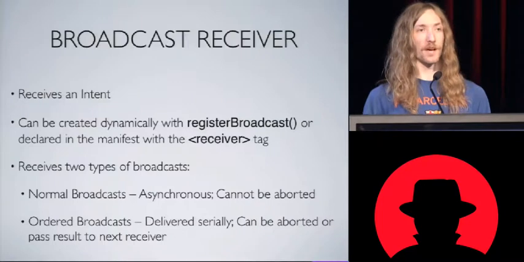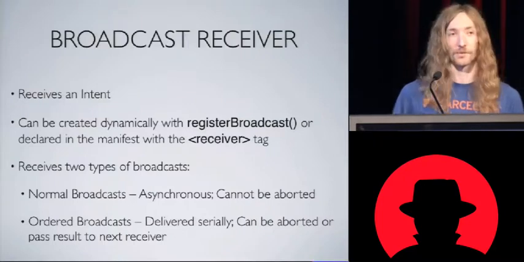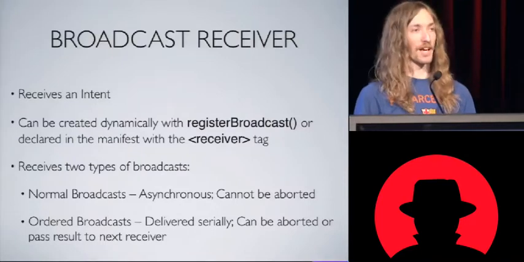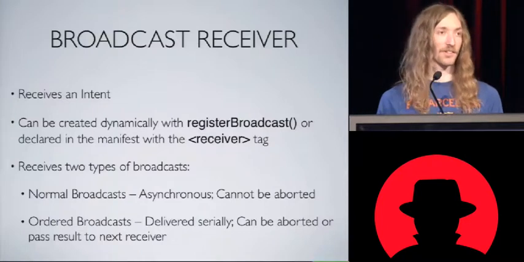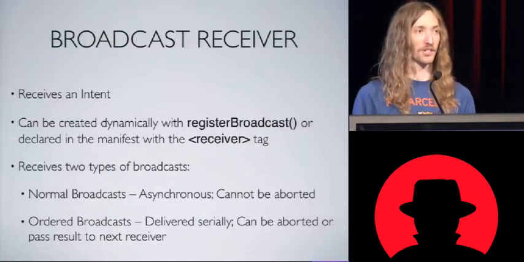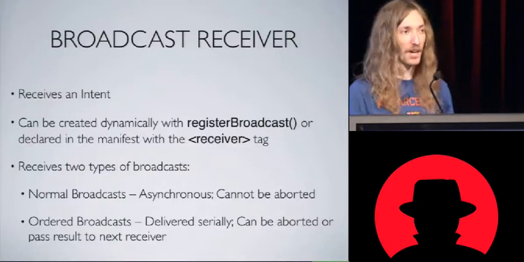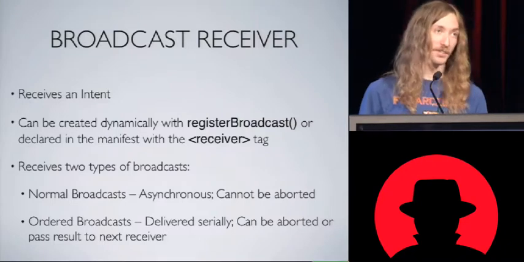And we can receive two types of broadcasts with our receiver. We have a regular broadcast, which is just sent out asynchronously en masse to every receiver on the system. These types of broadcasts cannot be aborted, and you can't do anything with the result. We also have an ordered broadcast.